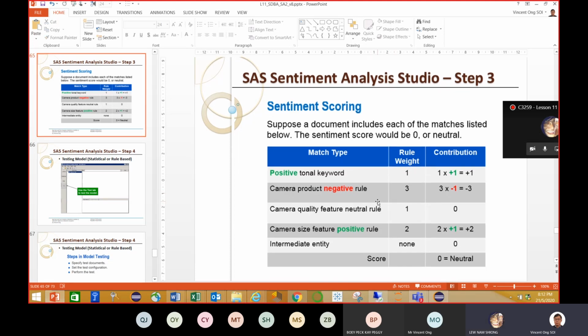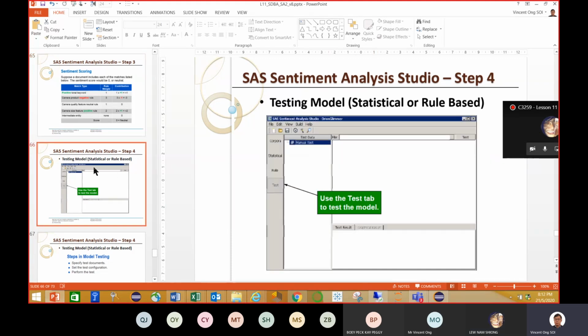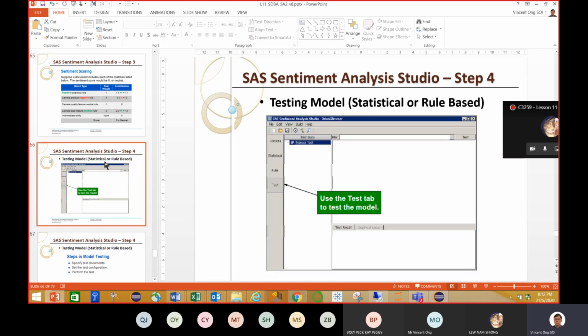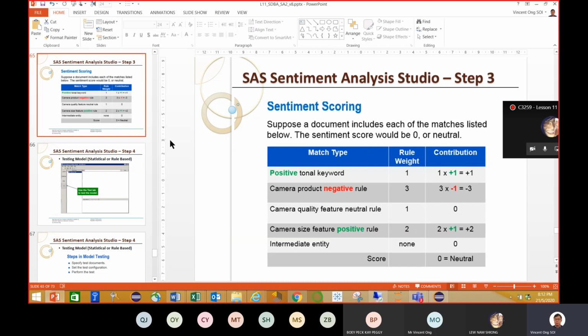Can we reduce the camera negative rule to a lower weightage? Yeah, it's up to you. You decide. But how do you decide? As I mentioned just now, you take the cue from, for example, topic extraction that you have done.